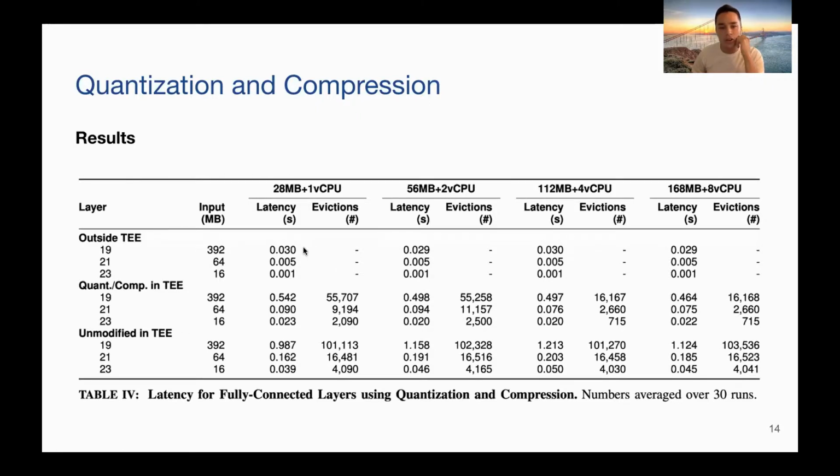You can observe a huge increase in latency between the baseline, so outside the enclave, and inside the enclave with the unmodified implementation. And you can see that quantization and compression roughly allowed us to halve the latency as compared to the unmodified implementation. And all that for no to almost no drop in accuracy.